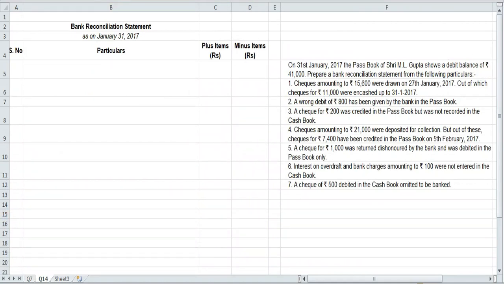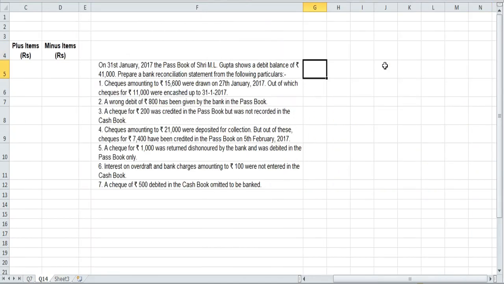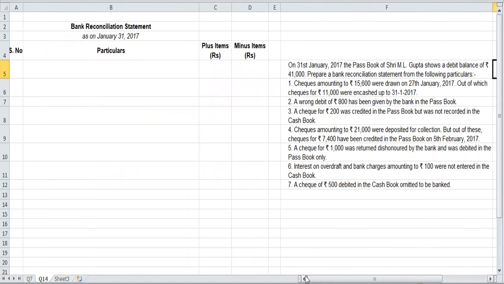Question number 14. In question number 14 it says, on 31st January 2017, the passbook of Shri M.L. Gupta shows a debit balance of rupees 41,000. So here the passbook is showing a debit balance, that means overdraft. Okay, prepare a bank reconciliation statement from the following particulars.